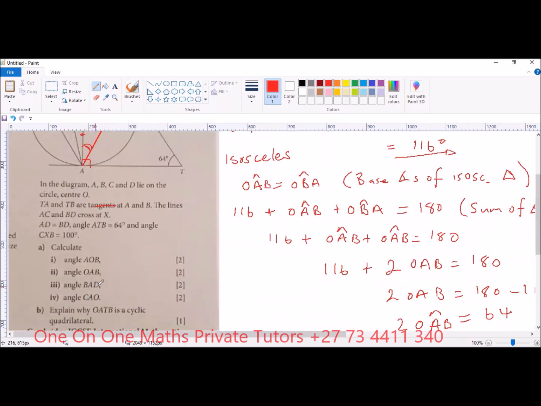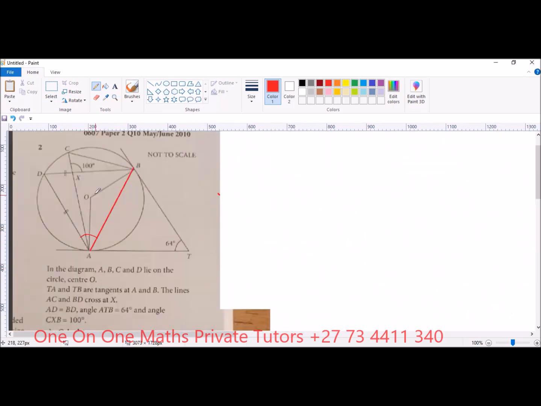Angle BAD. Now we know this is 116 degrees. First, we might want to find this angle.